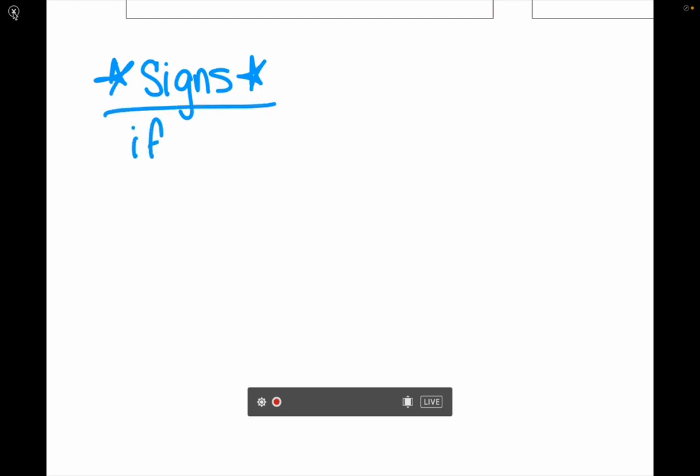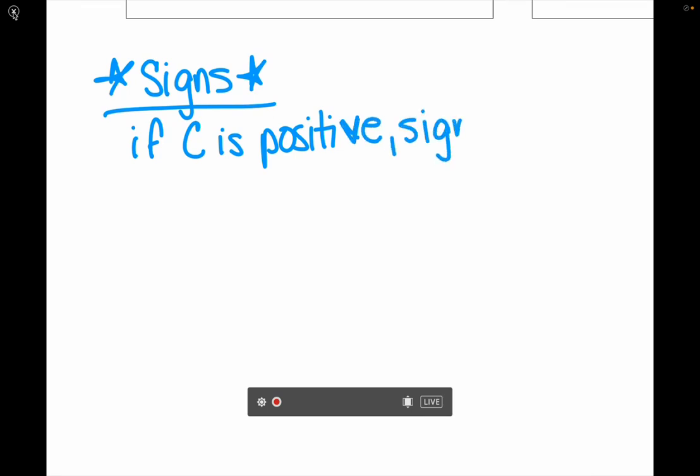If C is positive, then our signs are the same as what B is. I know that doesn't make a ton of sense. I am going to show you an example there.